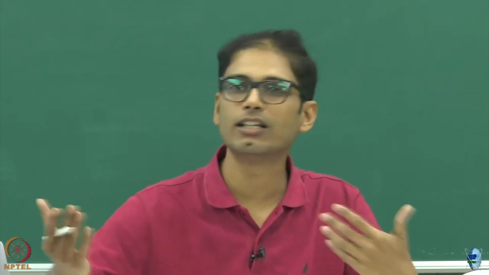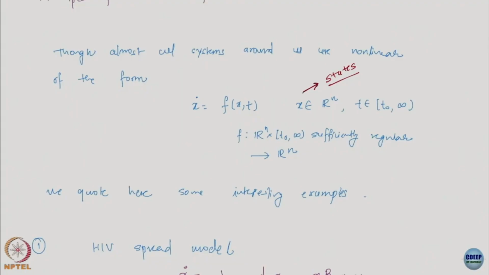Of course, typically it's an infinite dimensional model, but then you sort of discretize it, so you can still put it in a state space form. So there is no particular answer to how many states we should consider.